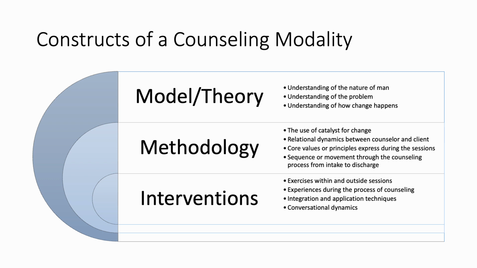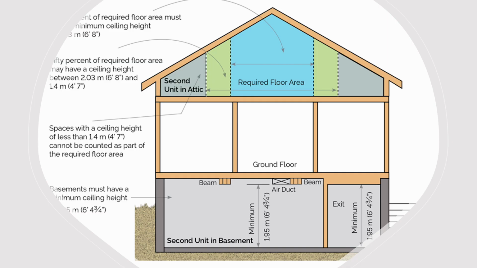Let me liken it to a house or a building. Every building has a foundation, it has walls, and it has a roof. However, those foundations, walls, and roofs could be very different. But without those three elements, a building is not a building.